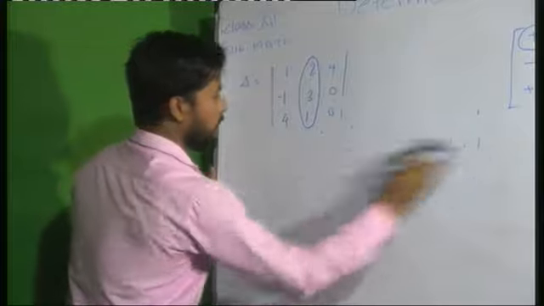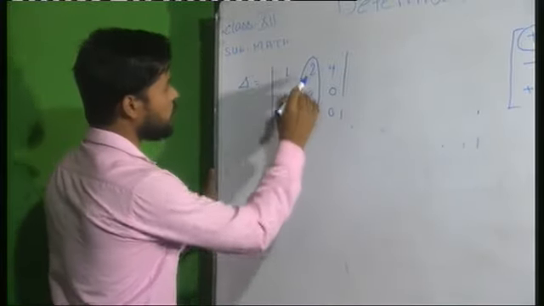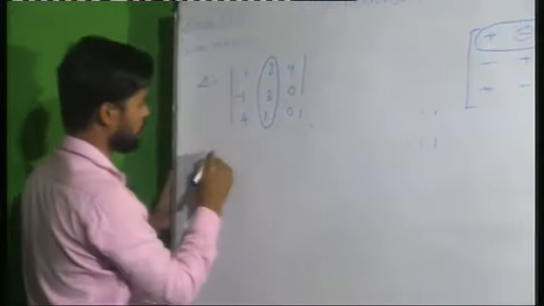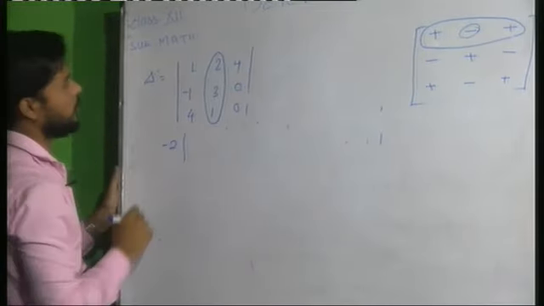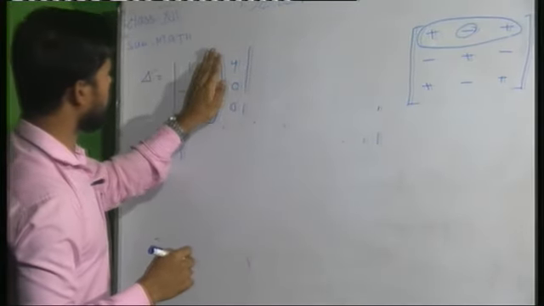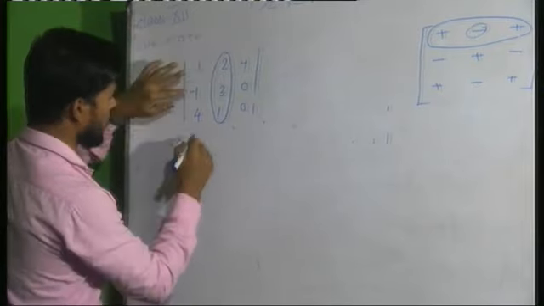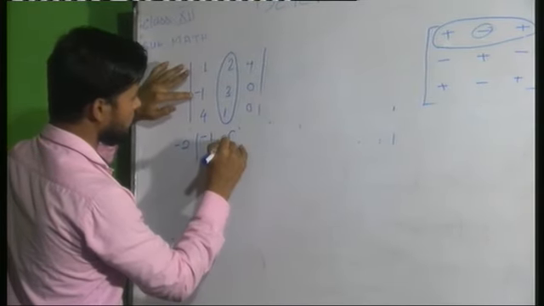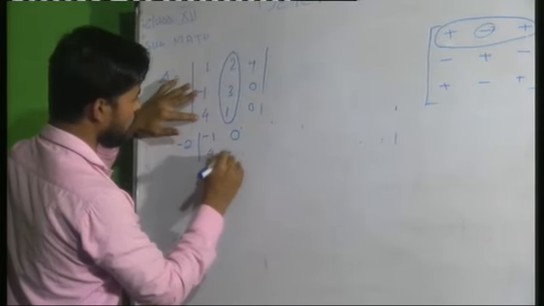So first is 2 and the sign will be negative, so minus 2 determinant of, cover this column and this row, so we have minus 1, 0, 4, 0.